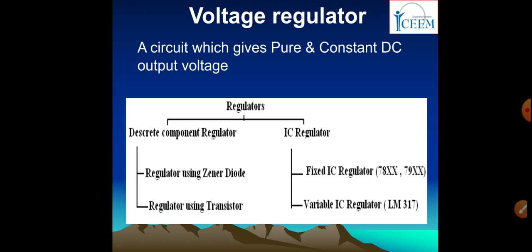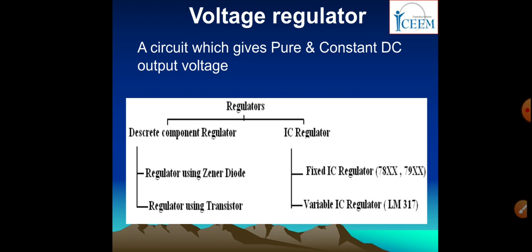Now our requirement was pure DC, therefore we have used a filter which converts that impure or pulsating DC to pure DC. And our final requirement is a constant DC, therefore the next circuit is a voltage regulator, which is the circuit which gives pure and constant DC output voltage.